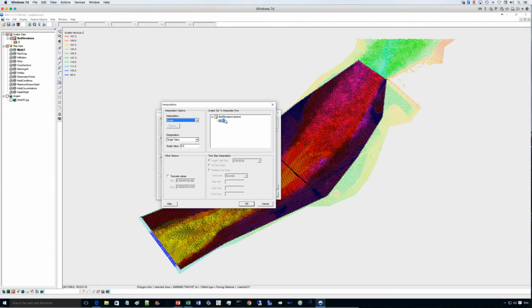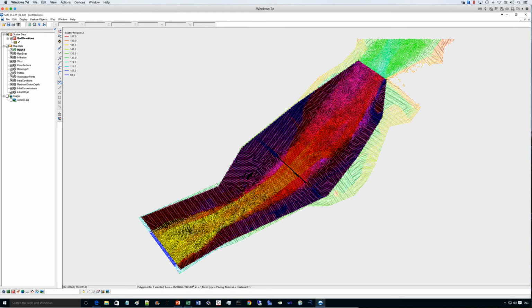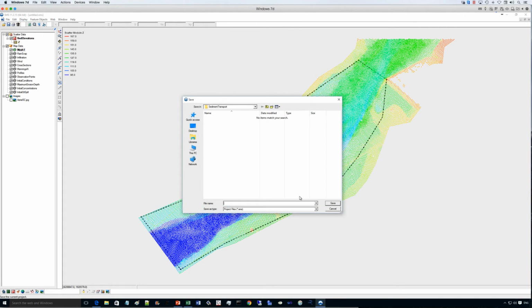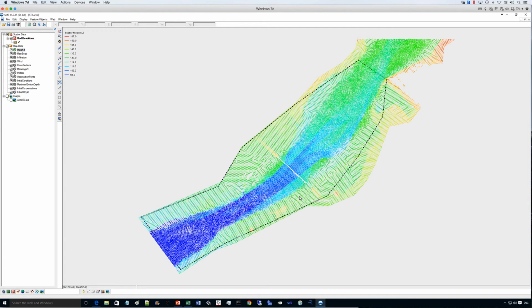It is the bed elevation layer here. And I will use extrapolation with the inverse distance weighted option, just in case there are points outside. And essentially, that's all I need to create my model. So I will call this Sediment Transport 1, just to save it. And I will create the mesh now.